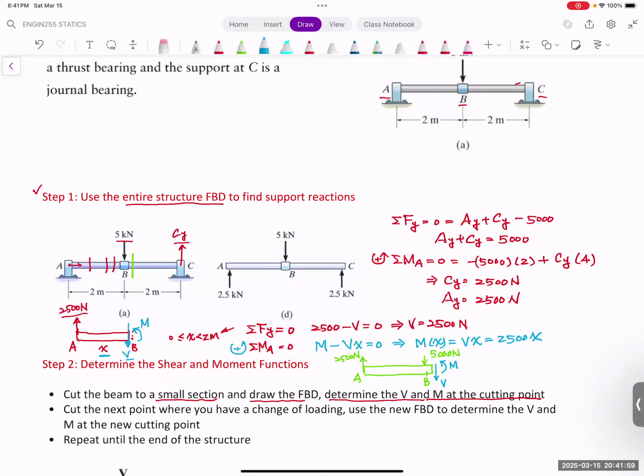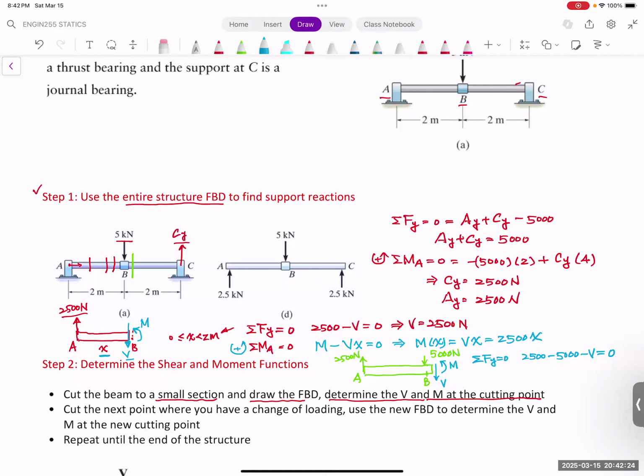We're going to do summation F of y equal to 0. So you have 2,500 going up, minus 5,000 going down, and minus V, that equal to 0.